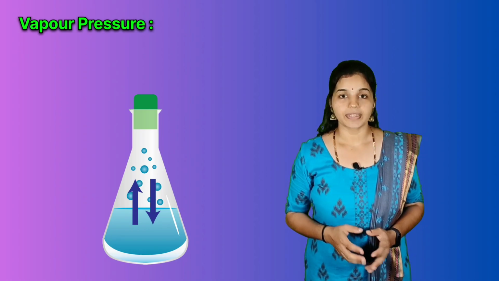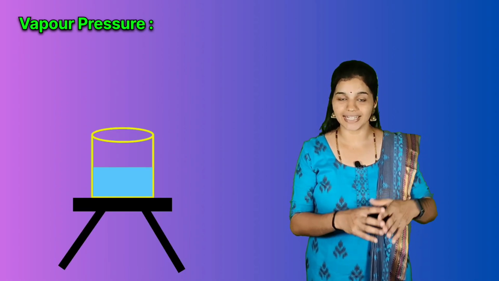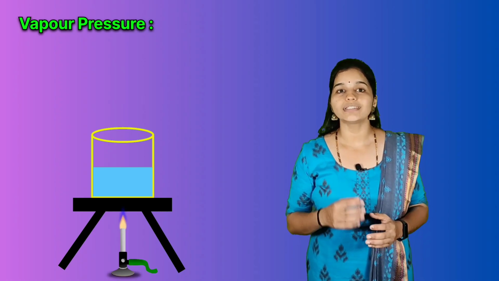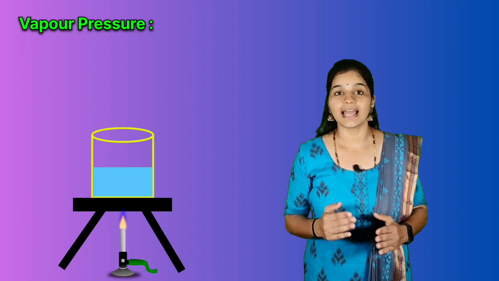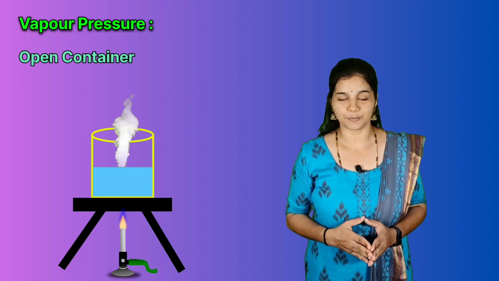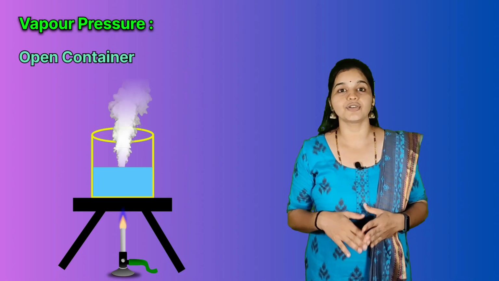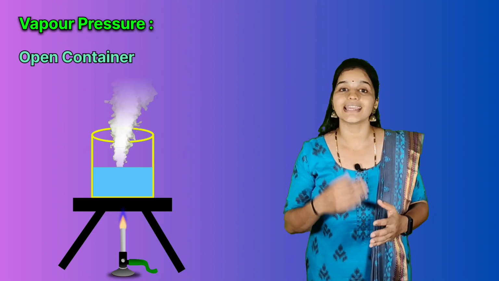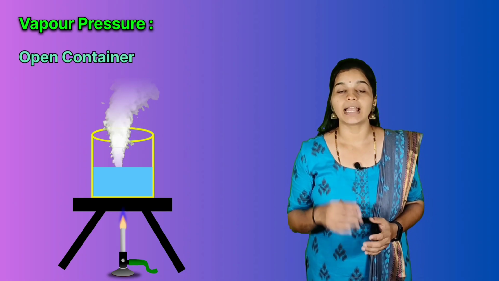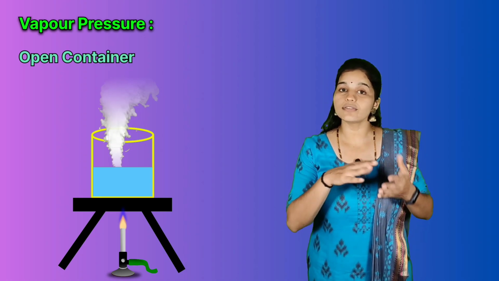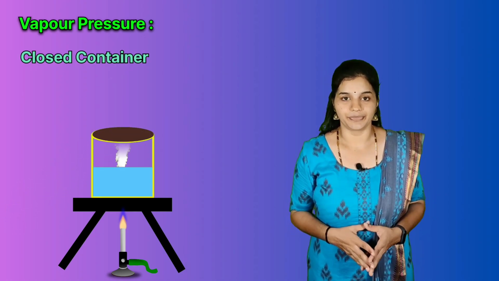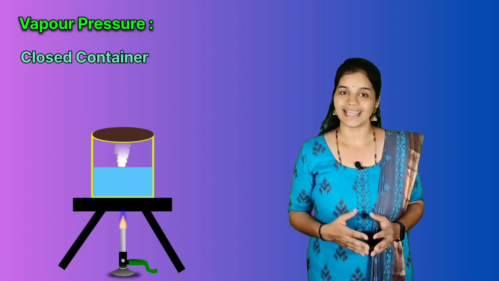For example, if you take water in a container and heat it, water will be converted into vapors and escape into atmosphere. These vapors cannot exert any pressure on the liquid because they escape into atmosphere. Now, if we close the container with a lid, the vapors cannot escape.